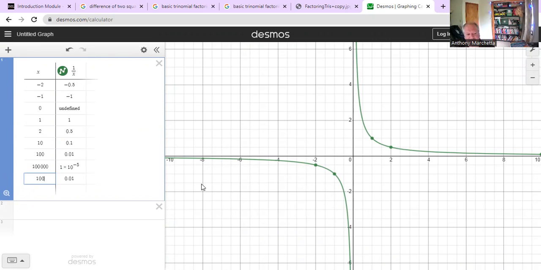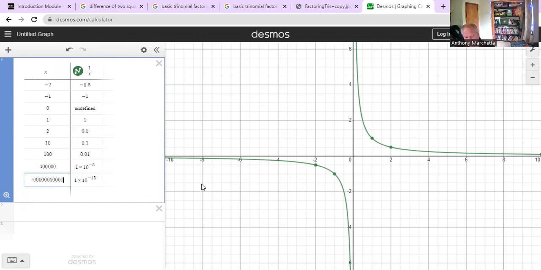Look at how small the numbers get. In fact, every time I put another zero, I get a little bit closer to zero. What's the point? Well, as x approaches zero, y approaches infinity, right? And if you say as x approaches infinity, y approaches zero, it works backwards and forwards with this kind of situation.